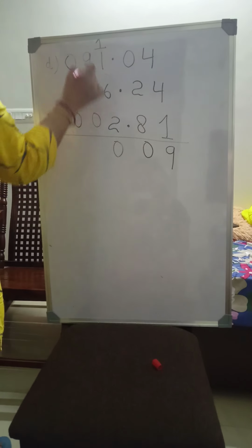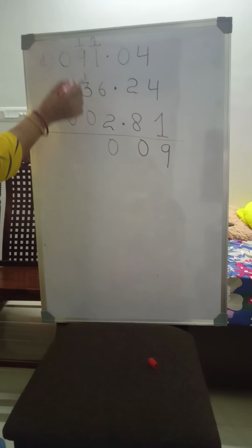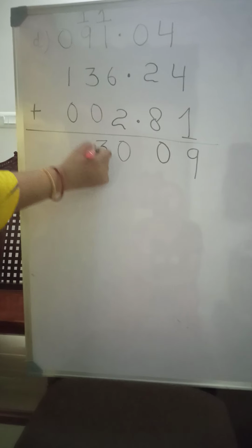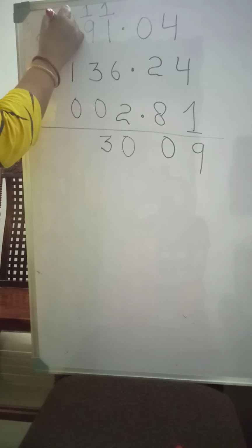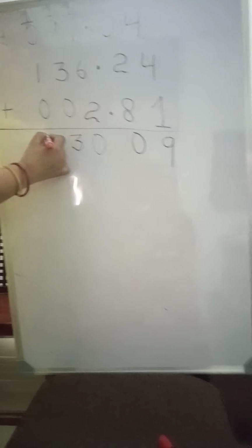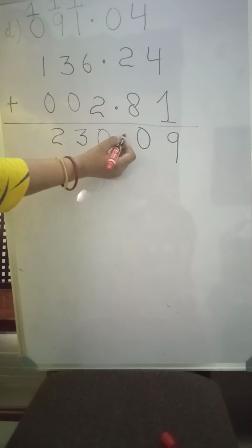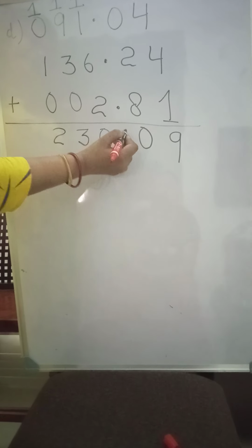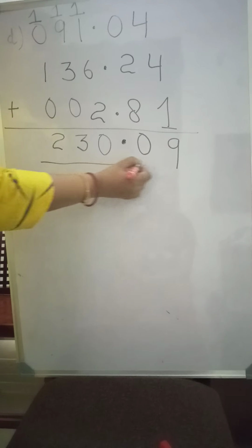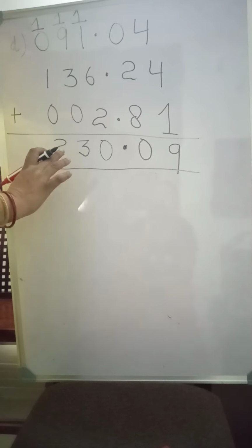Again 0. 1 will go as a carryover in the next column. Next place value. So 9 plus 1, 10. 10 plus 3, 13. 3. 1 carryover. Now 1 plus 1 is 2. Now next step is to put the decimal just one below the another, below the column. In the sum also don't forget to put the decimal, otherwise the answer will be totally changed.